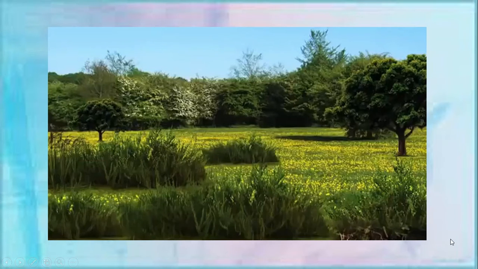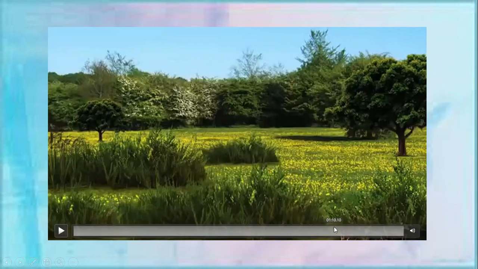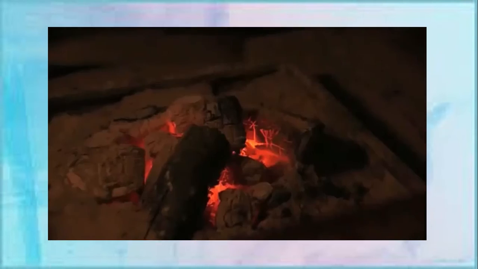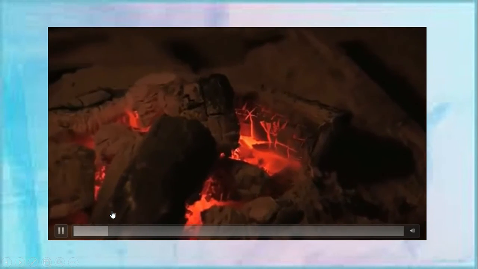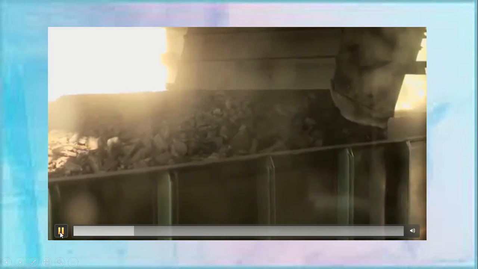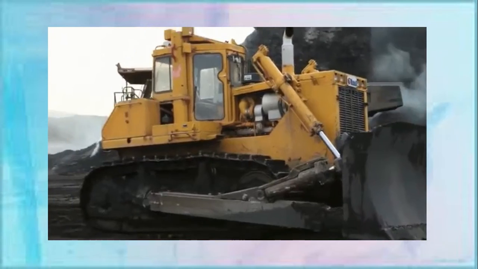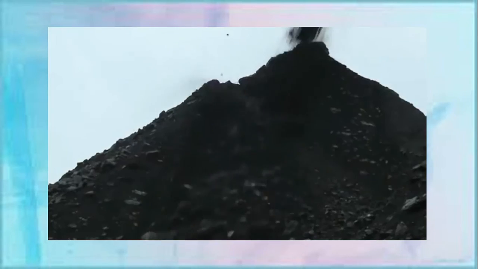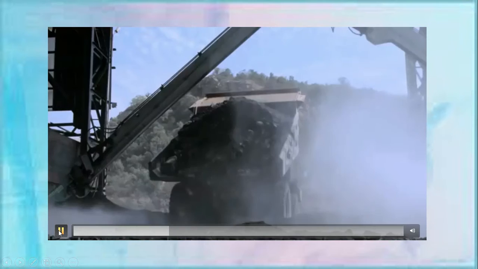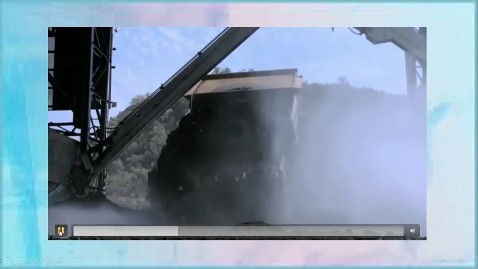So I'm going to show another video for you, children. This is the process of taking coal from our earth. In the last video we saw the process of taking copper, and this is a video of taking coal from our earth.